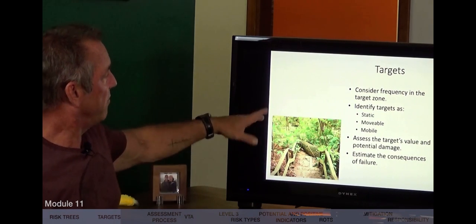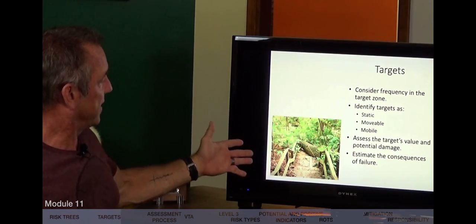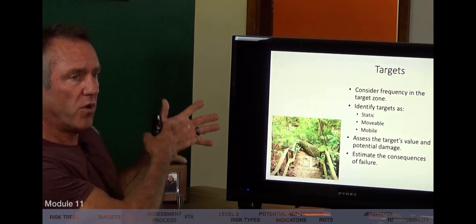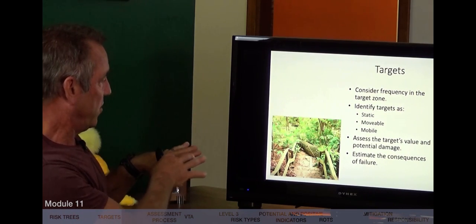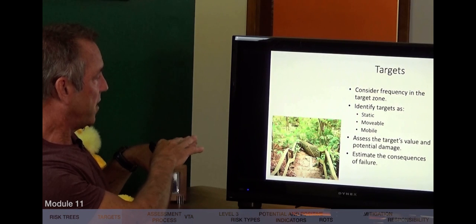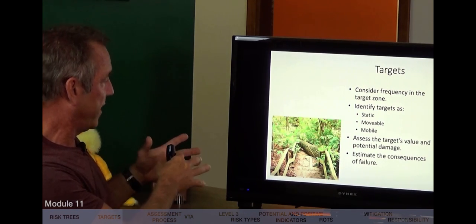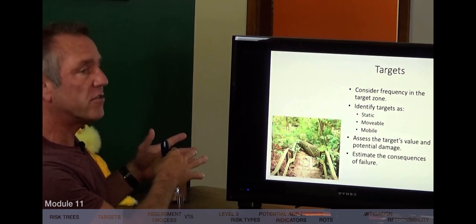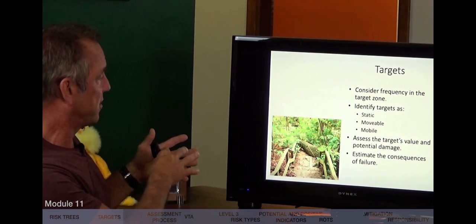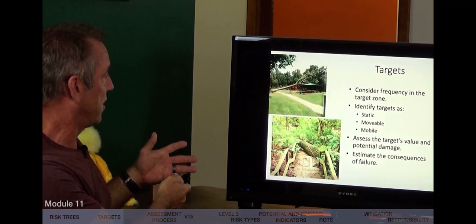But what we're saying when we put trails in like this is that this is where we want you to be. So it's important for the property manager, the arborist, or the tree risk manager to identify those areas and conduct inspections more frequently in those active use areas.